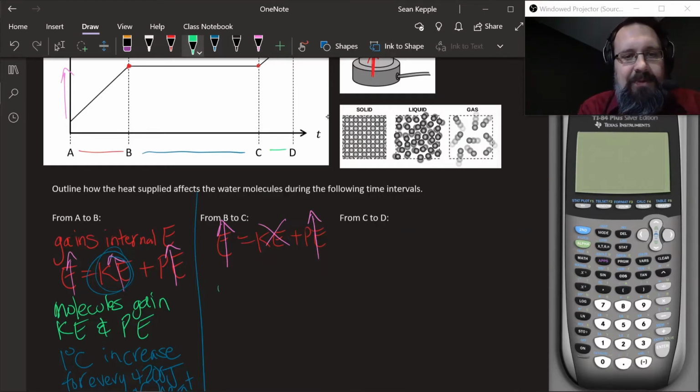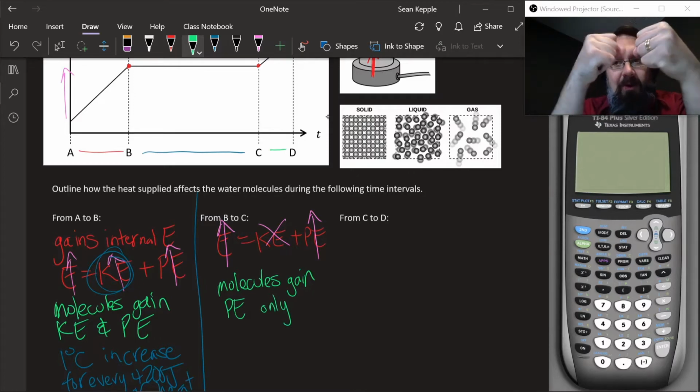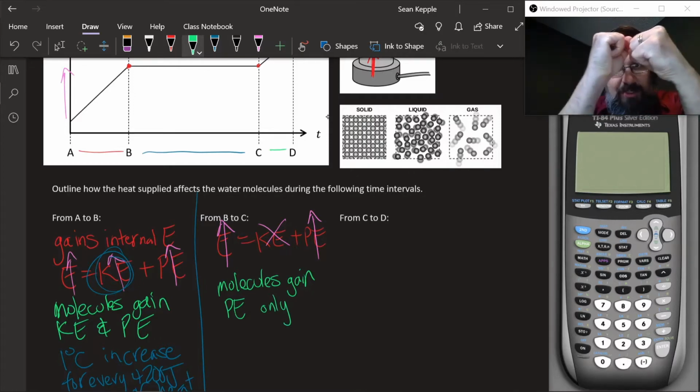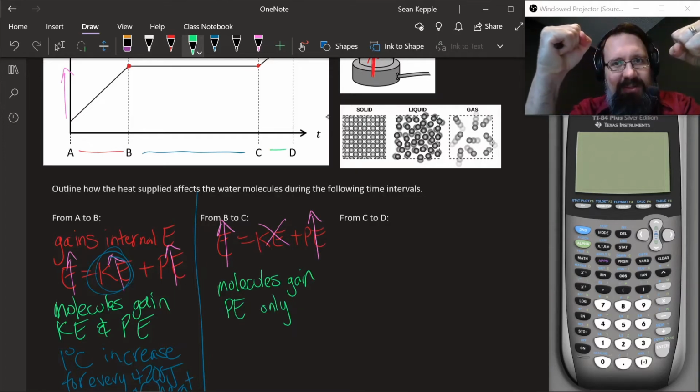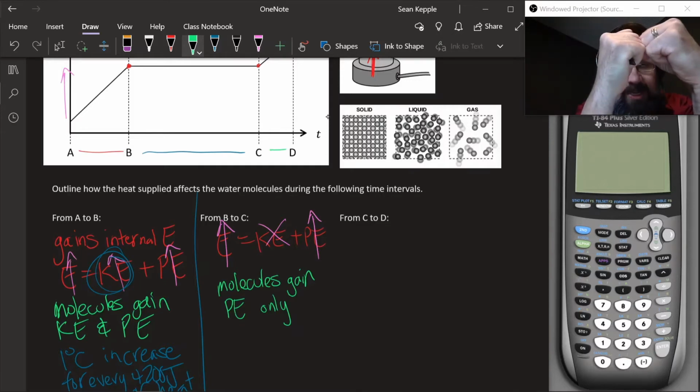So the molecules gain potential energy only. What that means is that the water molecules that are attracted to each other are being pulled apart, so there's more potential energy stored. If you were to cool it off and let it go, they'd come back together again.